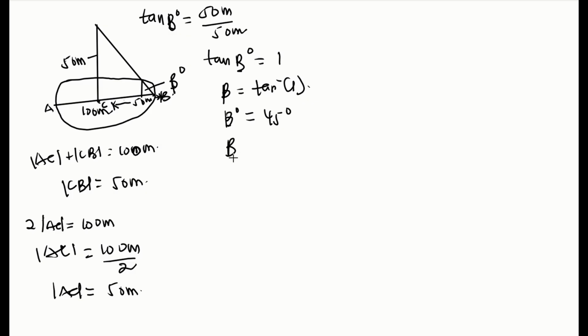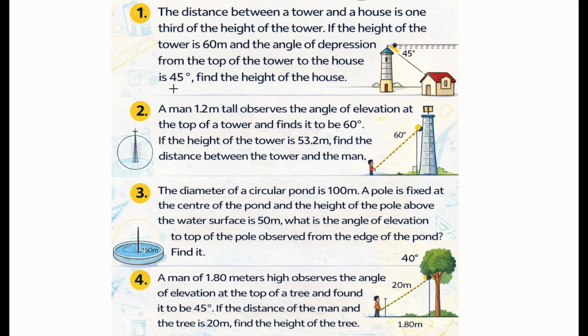It means that my beta here is equal to 45 degrees. It means that the angle of elevation from the edge of the pond to the top of our pole is 45 degrees.